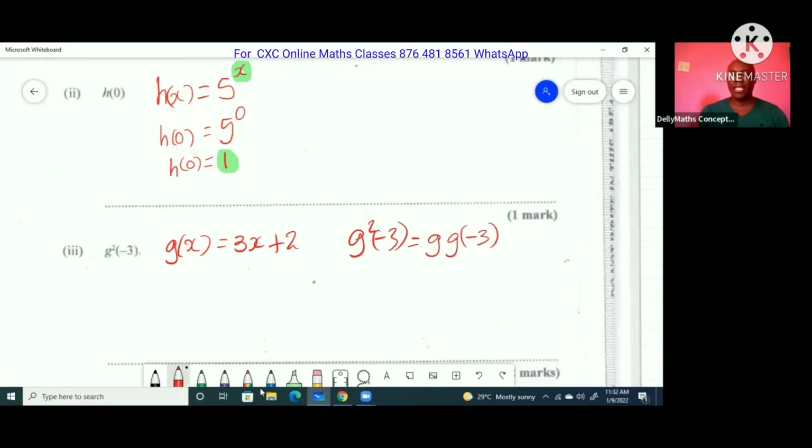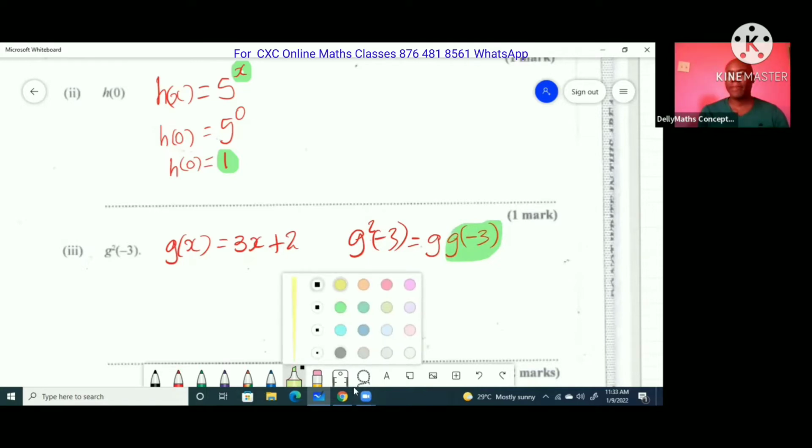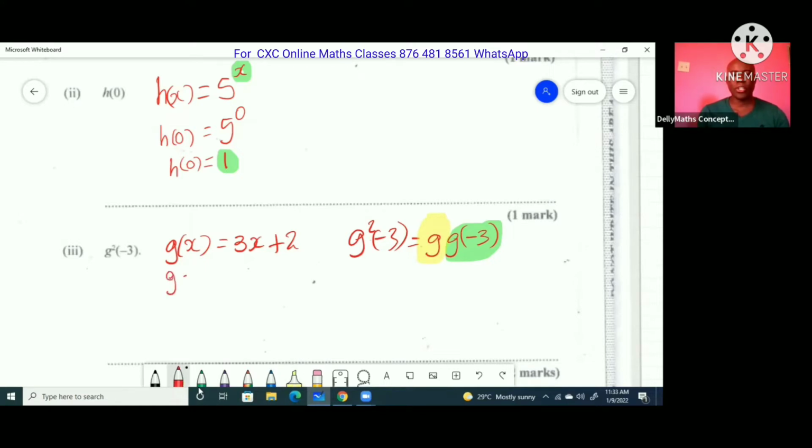So what's my intention? My intention is that I'm going to find out what g of -3 is first. And when I find that value for g of -3, that value will be substituted again in the g function. So let us go and find g of -3. Using the g function here, I am going to plug in -3 and substitute it.